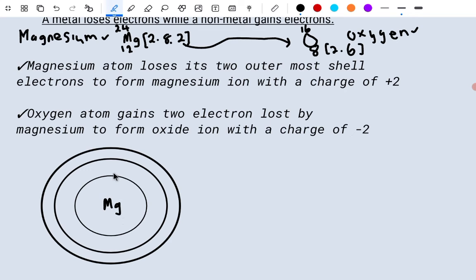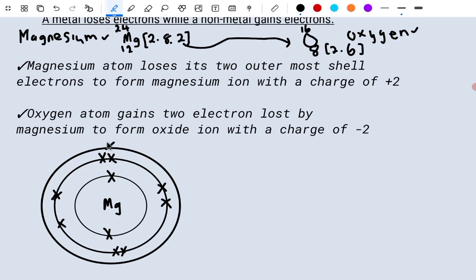That's 2 electrons in the first shell. Then that will be 8 electrons in the second shell, and then 2 electrons which are outside.